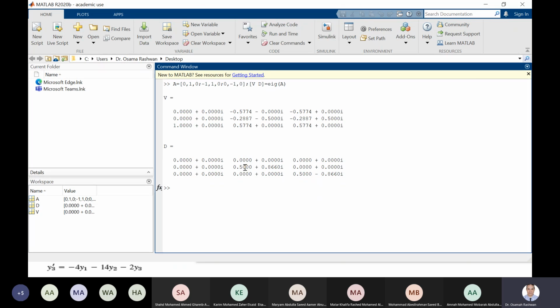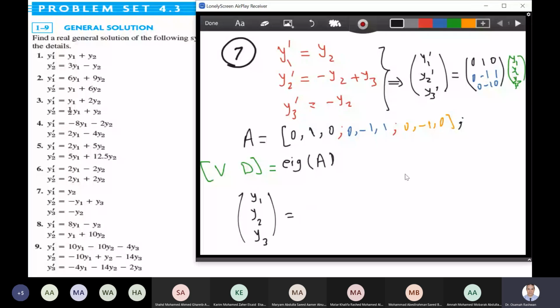Can you tell me? Guys? Yes, I hear you. You said C1. Okay. e to the lambda 1. If your variable is x, you can write x. If your variable is t, write t. So I consider it as t because I don't have it here.